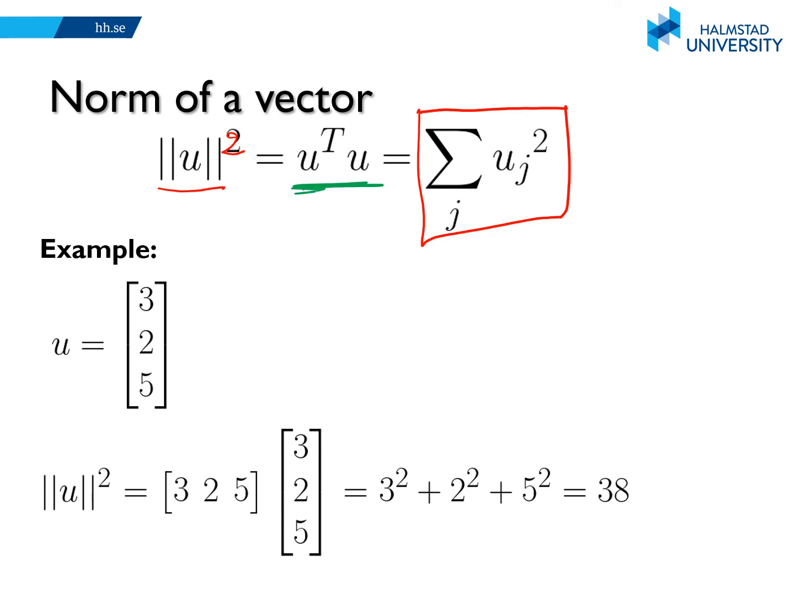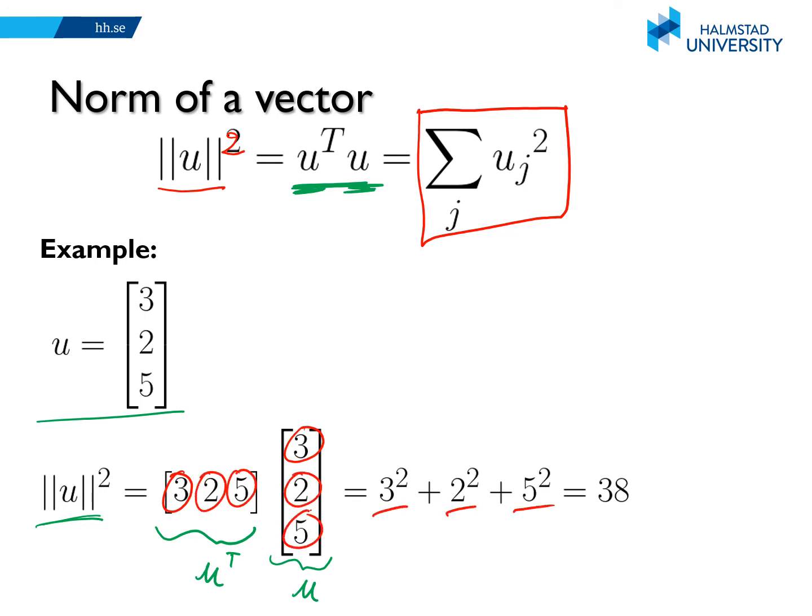So you have u transpose multiplied by u. For example, if u is equal to this, then the norm squared is equal to this. This is u transpose, and this is u. And this is simply 3 multiplied by 3, plus 2 multiplied by 2, plus 5 multiplied by 5. So this is exactly the same as this.